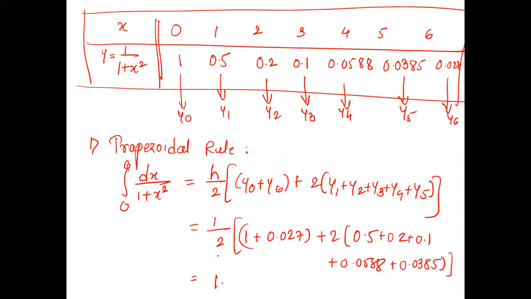1 by 2 you can write 0.5, double bracket, you can give 1 plus 0.027 bracket 1 complete, plus 2 in bracket 0.5 plus 0.2 plus 0.1 plus 0.0588, plus 0.0385, bracket complete, one more bracket complete.